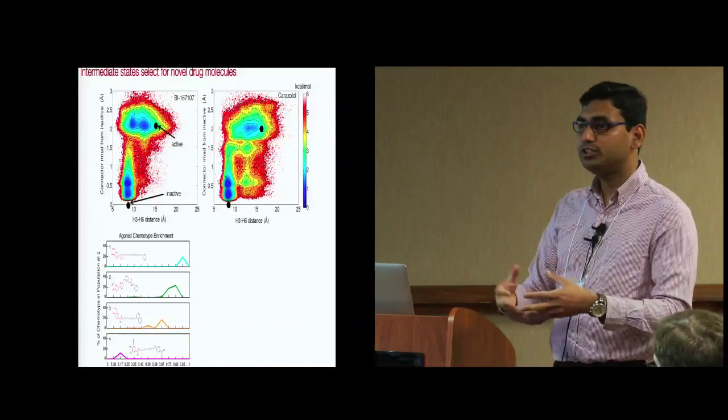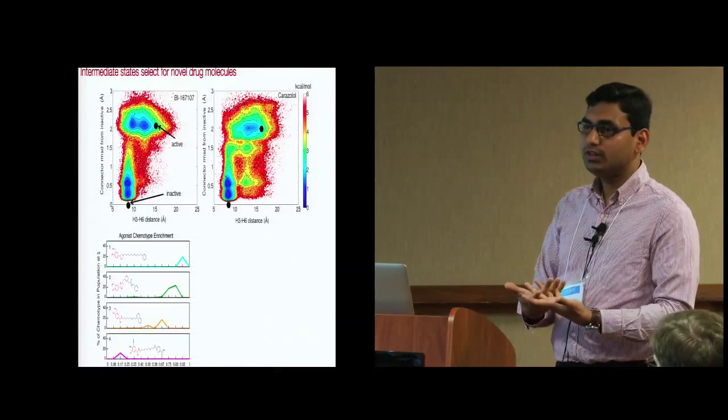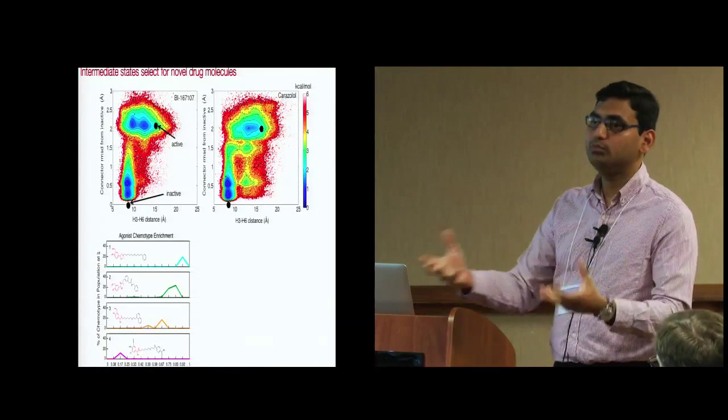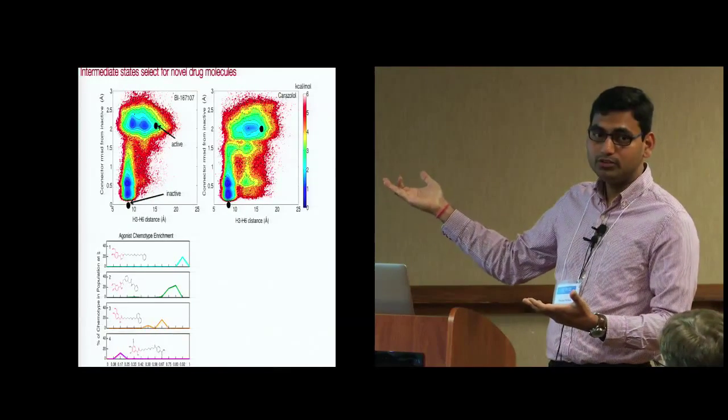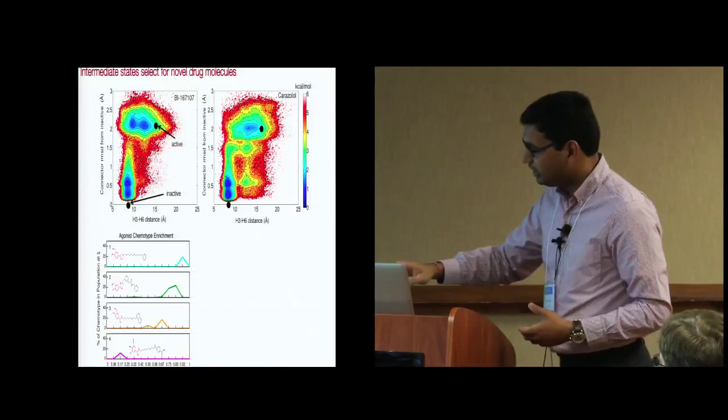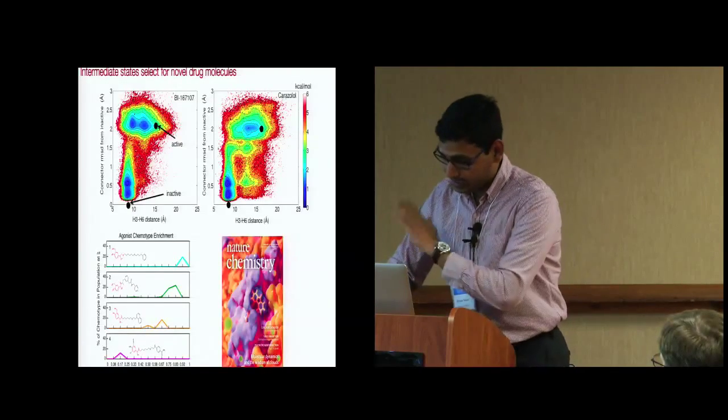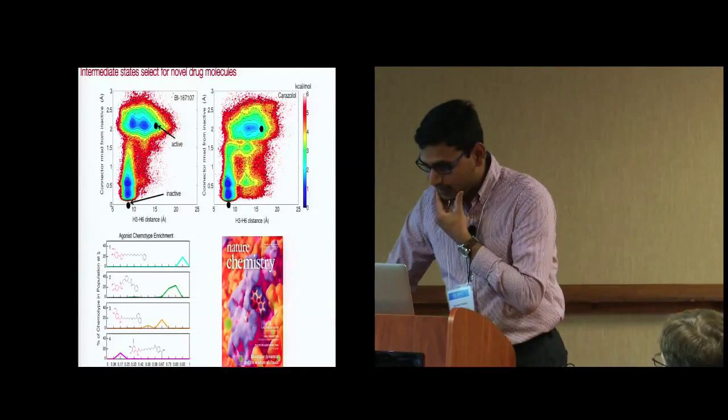So these new structures are giving you new classes of compounds that we have not been able to find just by using the crystal structures, although experimentally you can show that these compounds have an effect. Okay, so that's interesting. This was again in Nature Chemistry.